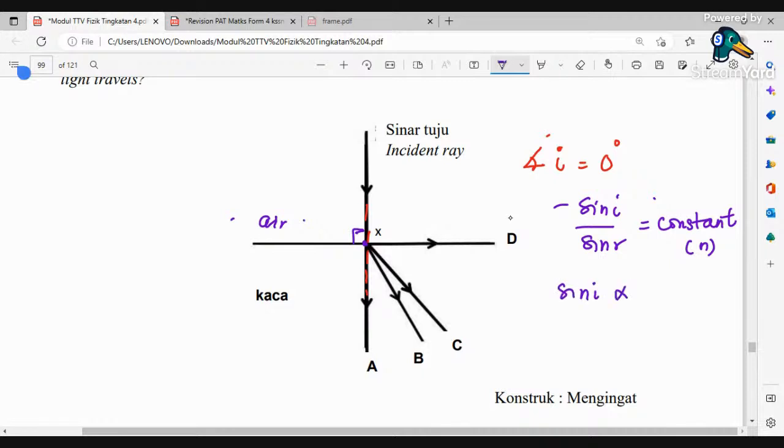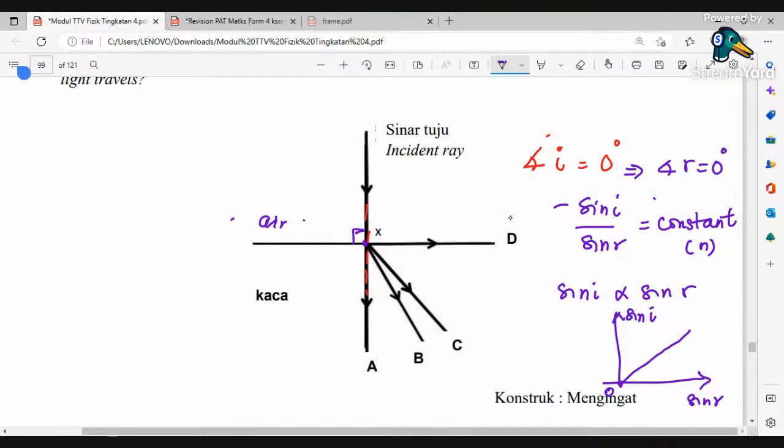Sine I is directly proportional to sine R. If you carry out an experiment to study relationship between I and R, and then you plot a graph of sine I against sine R, you will get a straight line passes the origin. Means if I 0, then R also 0. Okay, so based on Snell's law, we get R 0.